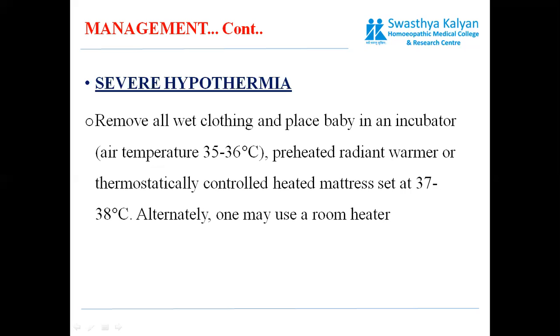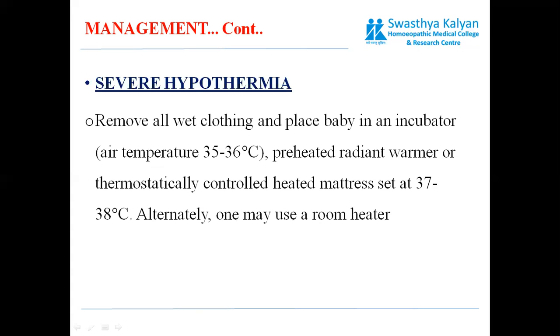Now, this is the first step to manage severe hypothermia. In this step, we have to remove all the wet clothes. We have to place the baby in the incubator, or in preheated radiant warmers, or we can place the baby on heated mattresses, and we can also use room heater.